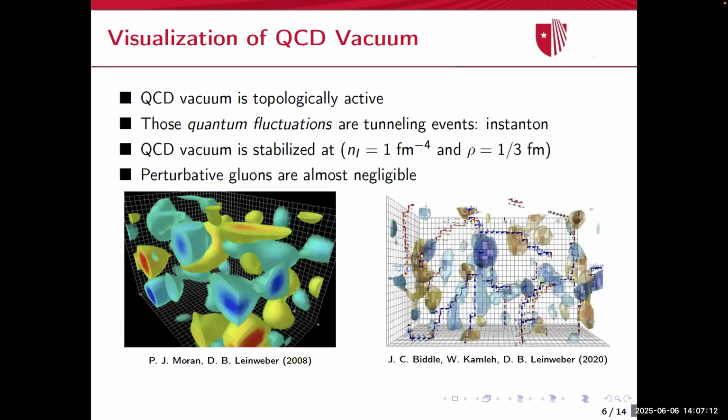Okay. After we integrate over it, here's the first part, the visualization of the QCD vacuum. And this picture is a higher resolution of that one. You can see these bubbles. Now we know they are instantons. And besides these instantons, we also have these long string-like structures, which we call center vortices.